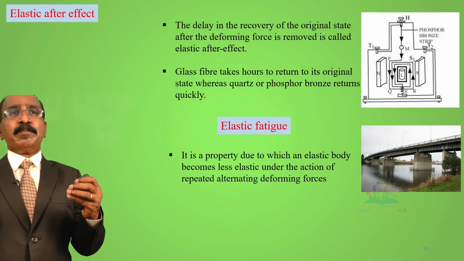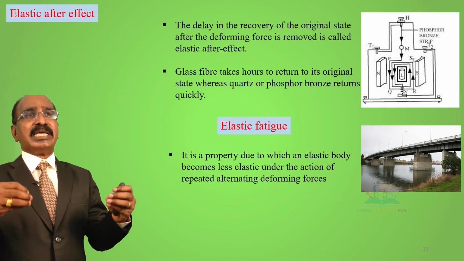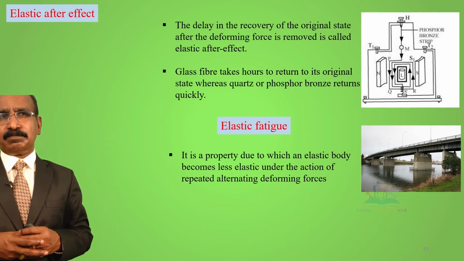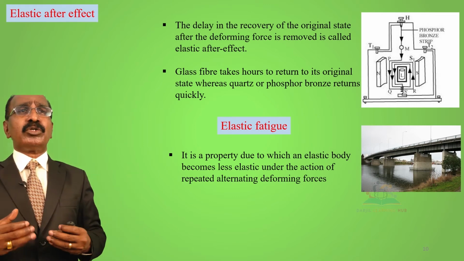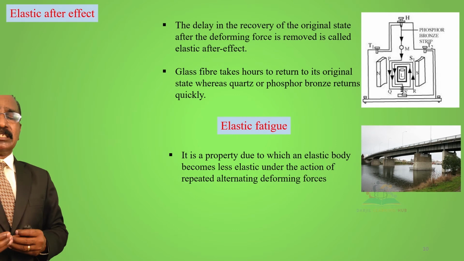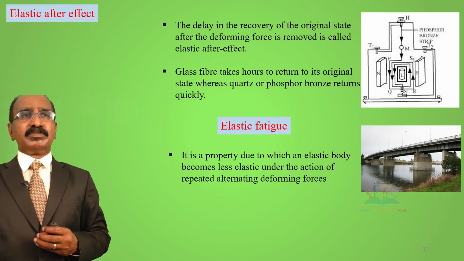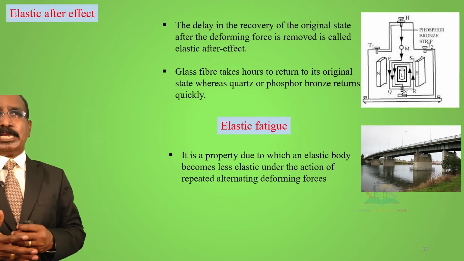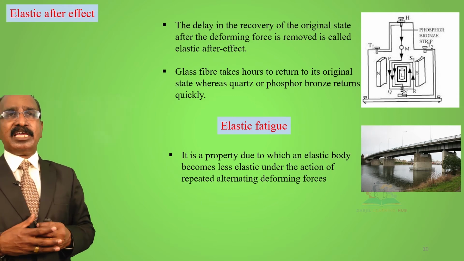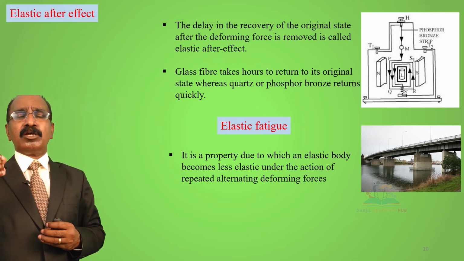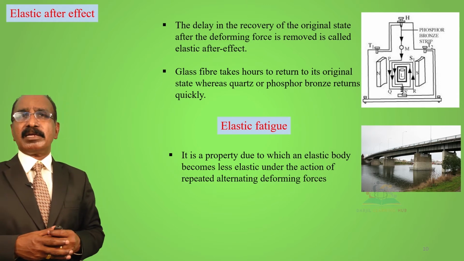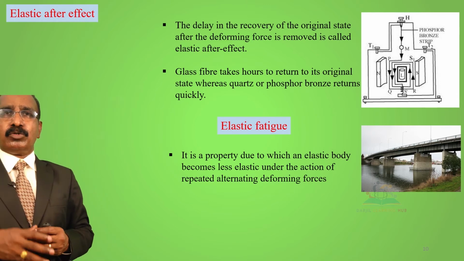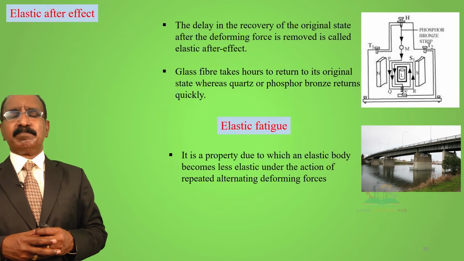That time gap we call the elastic after effect. The glass fiber takes hours to return to its original state, whereas quartz or phosphor bronze materials return very quickly. So that's why phosphor bronze metal or quartz material is used in the construction of the galvanometer wire to suspend the beam.